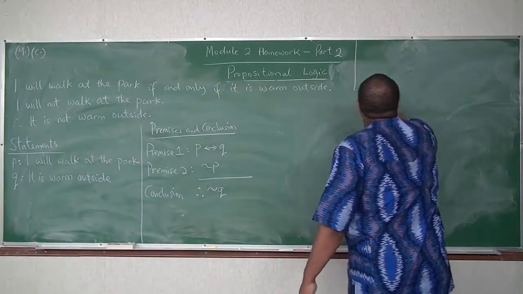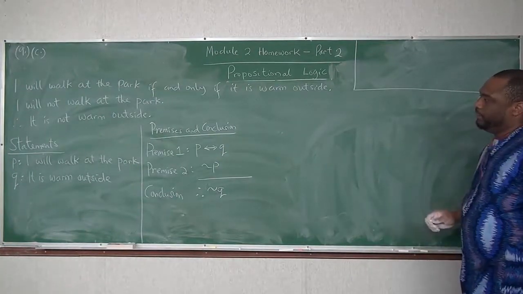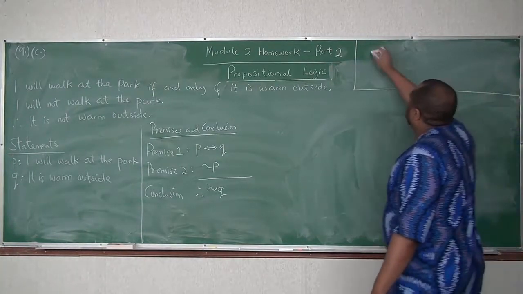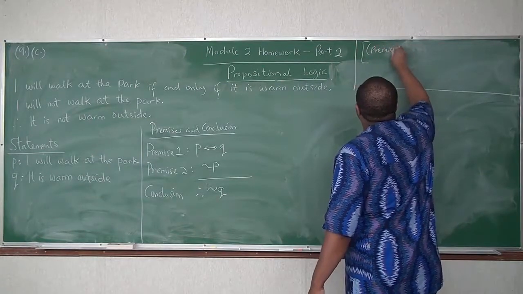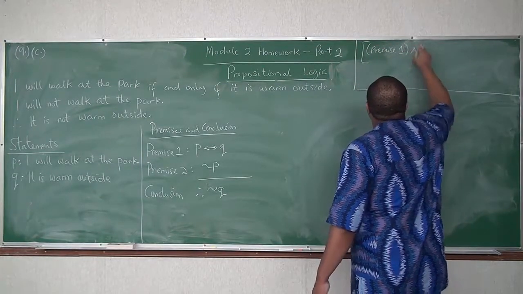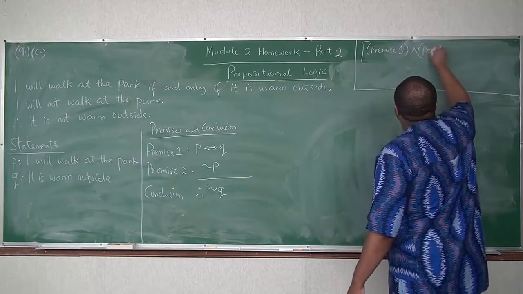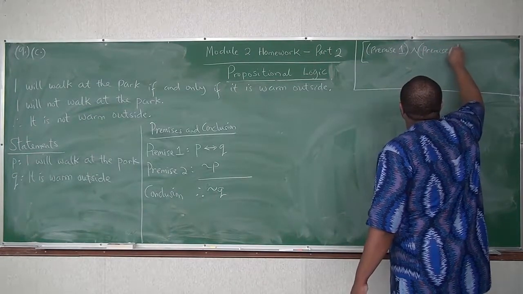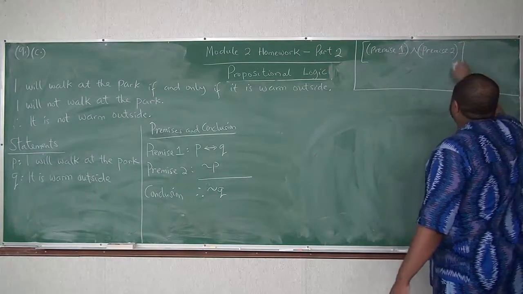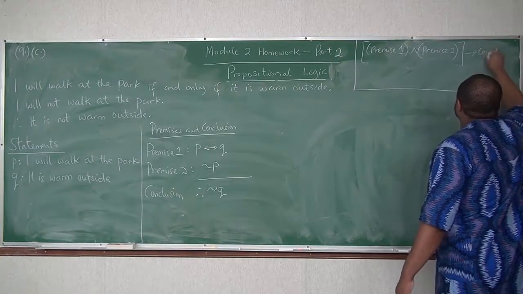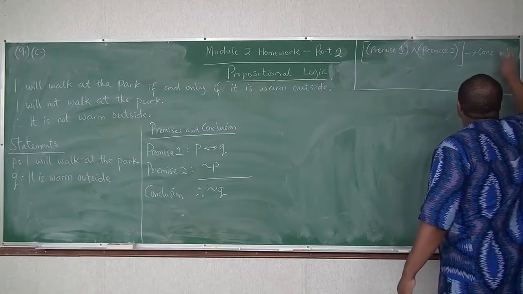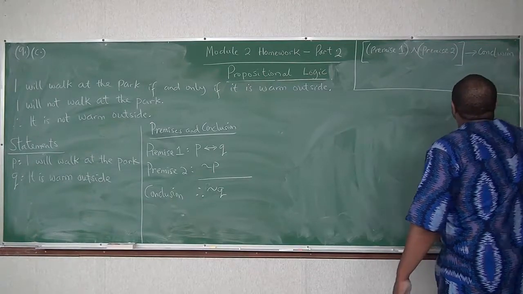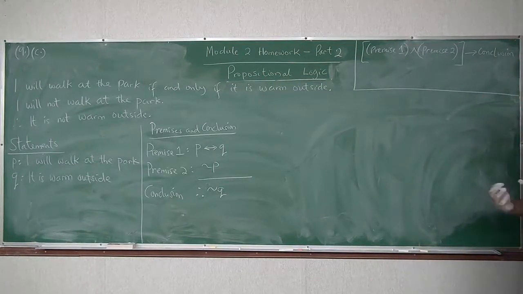Let's write the formula here. Premise 1 and premise 2 implies conclusion. Remember, this is the first method, by formula. Premise 1 and premise 2 implies conclusion. If it is a tautology, it is a valid argument.